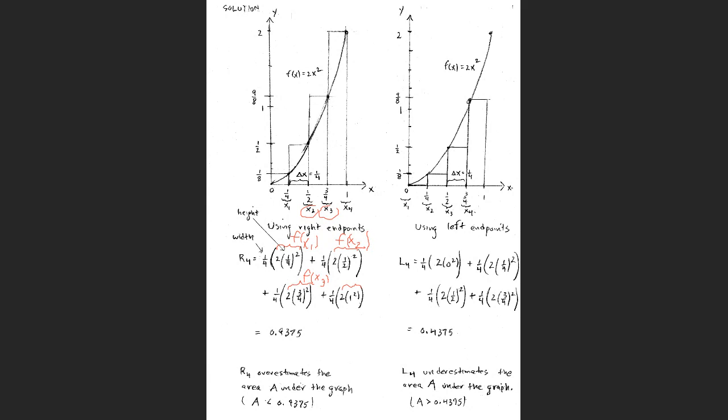And then 2 times 1 squared is f of x sub 4.